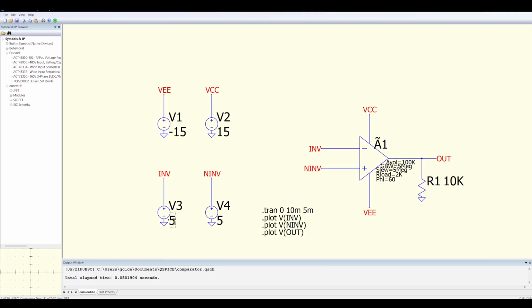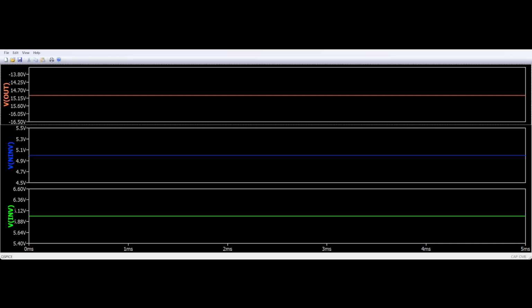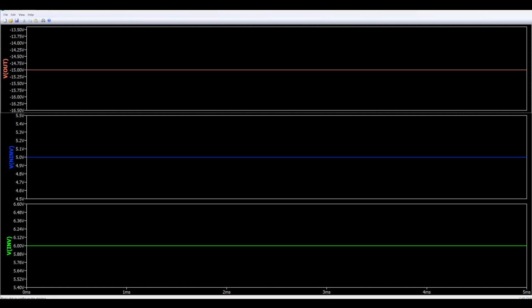Let's boost the inverting to 6, see what happens. All right, now looking at our plot here, we've got 5 and 6, and now we've got negative 15, which is what we should be looking at.